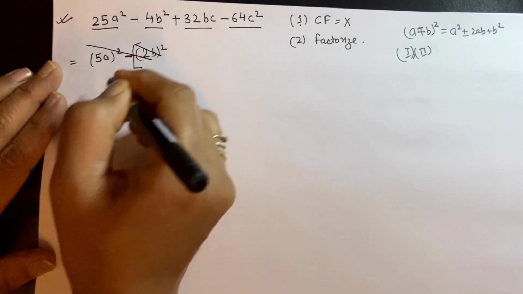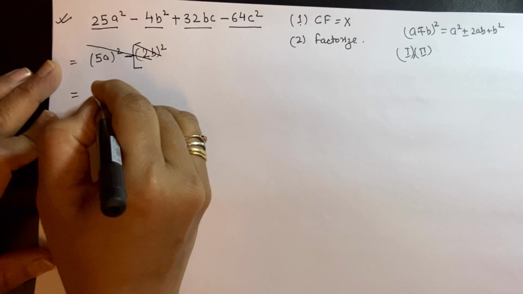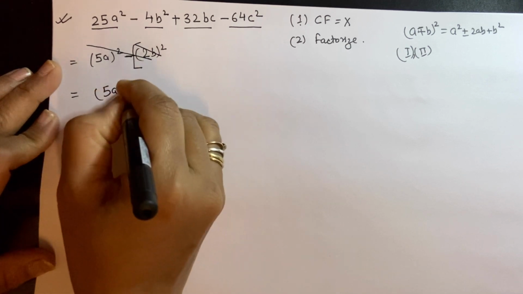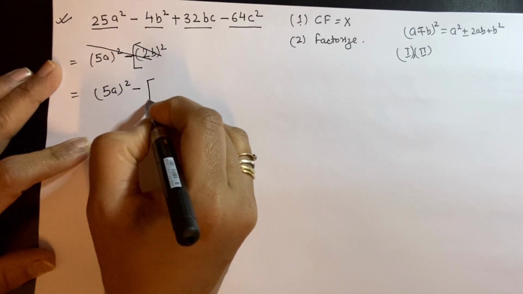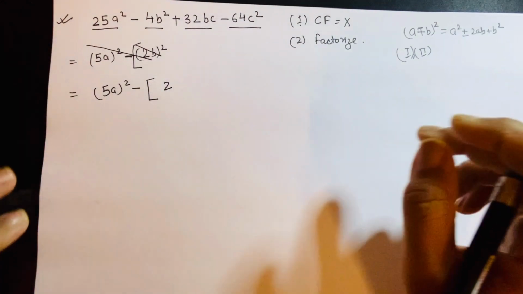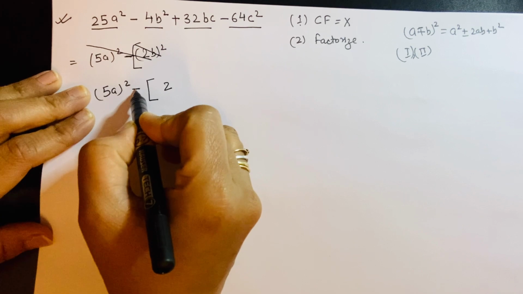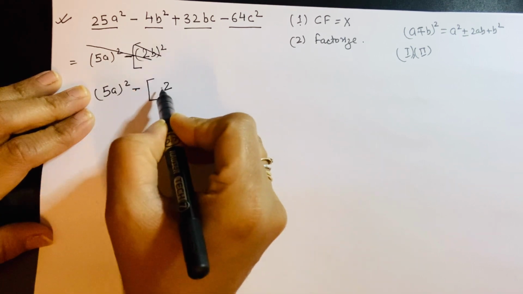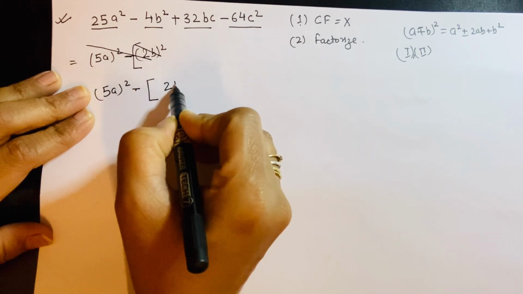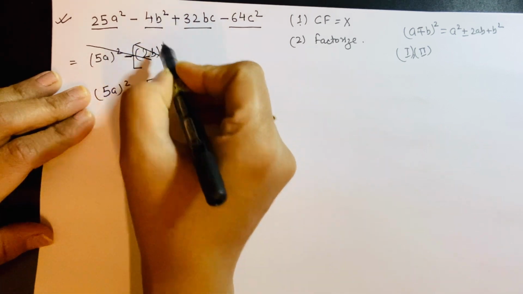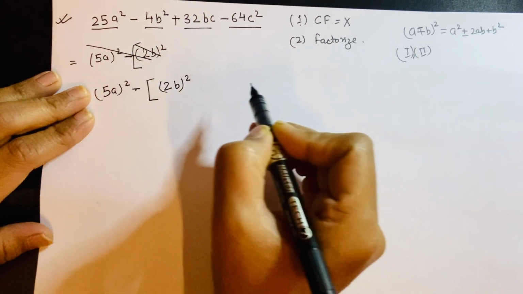So let's move on to the step like this now. 5a whole square minus, take out the bracket. Now what we've done is that we've taken out minus from here, so we'll keep this identity as positive and factorize it as 2b square.